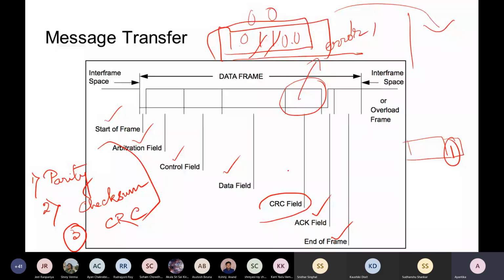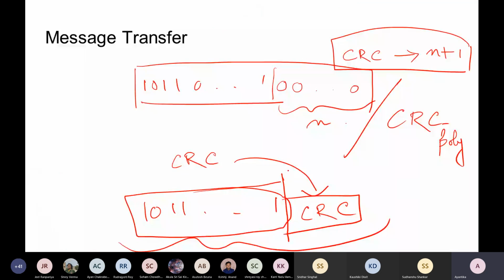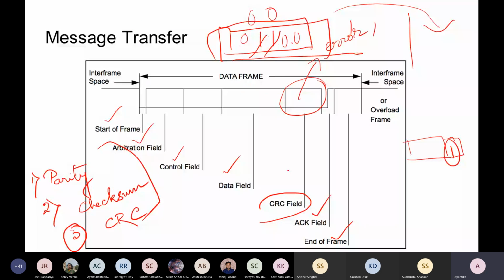That means it is reducing your transfer data rate, but it is still important for error checking and error handling. So this is the basic idea of message transfer in CAN and how CAN works.